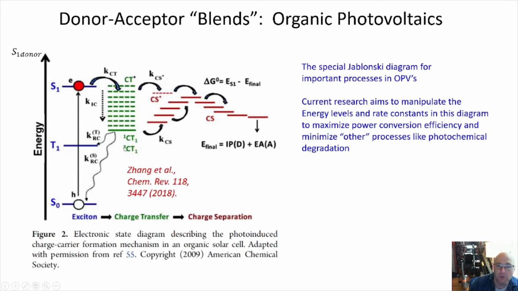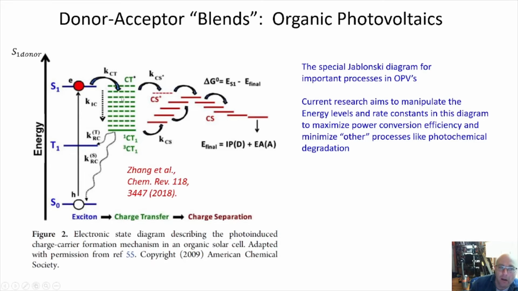They're labeled by spin states 3 and 1, similar to how you would label any singlet or triplet state. CT states can have a spin state associated with them. And then what you want to do is make the CT state further separate into so-called CS states, which are the charge-separated states that sort of qualify as free charges for making electrical current in an external circuit.